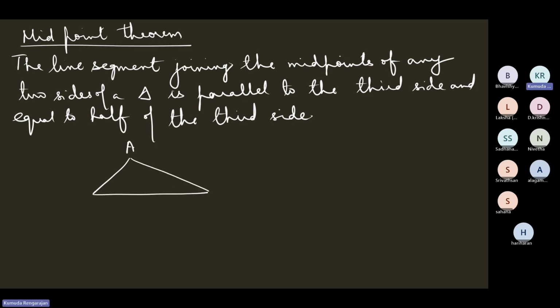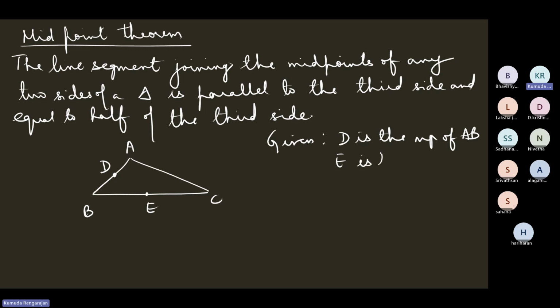Triangle ABC, we'll say that D is the midpoint of AB, given D is the midpoint of AB. We are also given that E is the midpoint of BC.